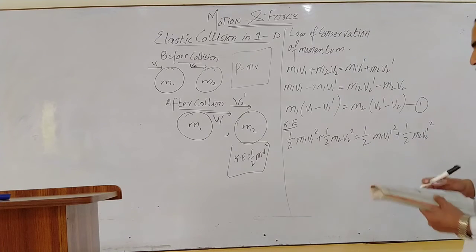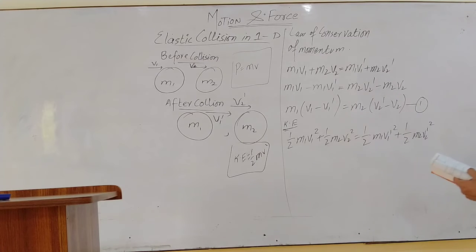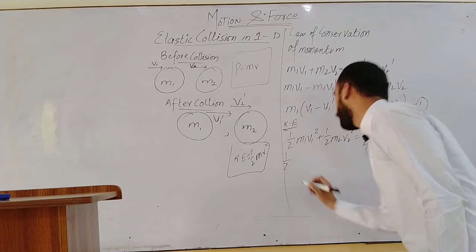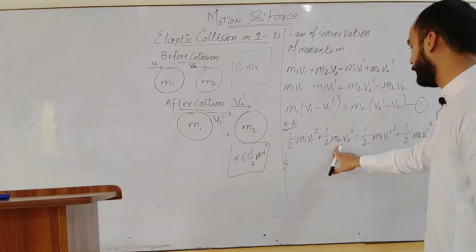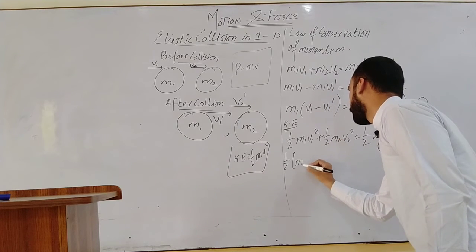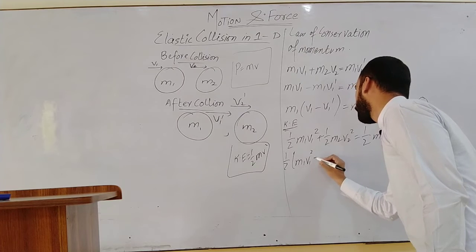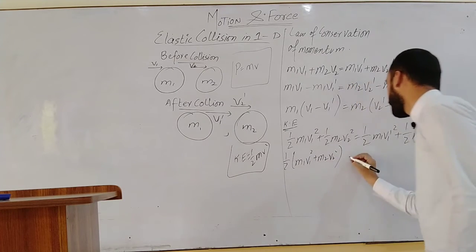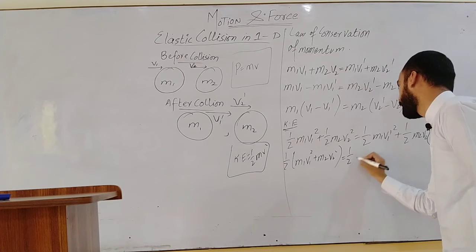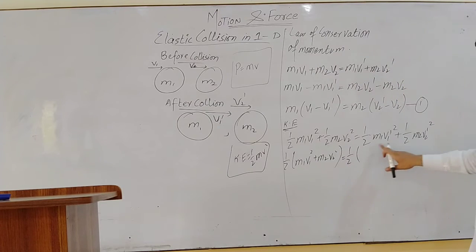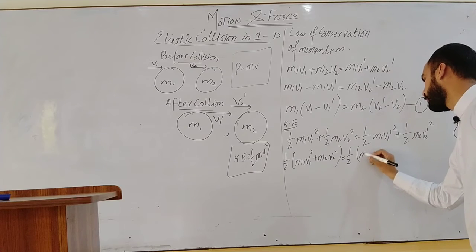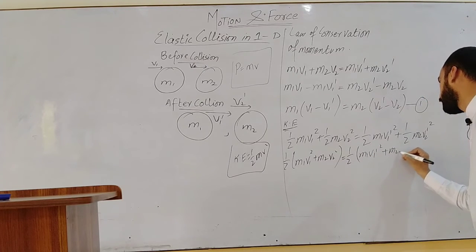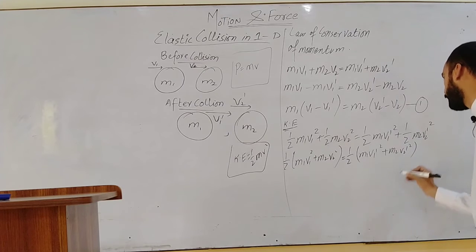By rearranging, taking 1/2 common from both sides, we get m1 v1 square plus m2 v2 square is equal to m1 v1 prime square plus m2 v2 prime square.